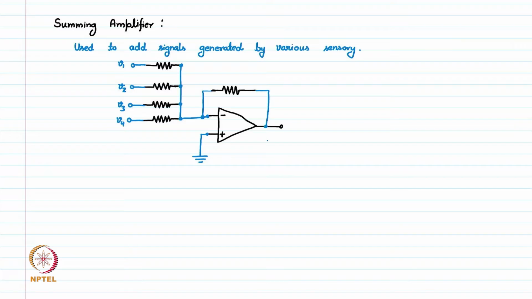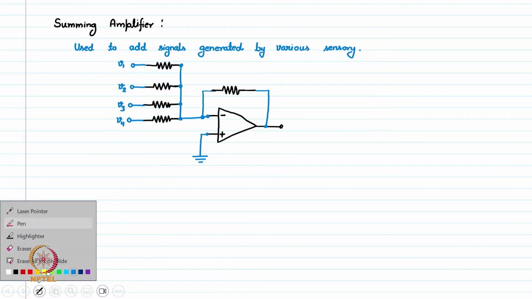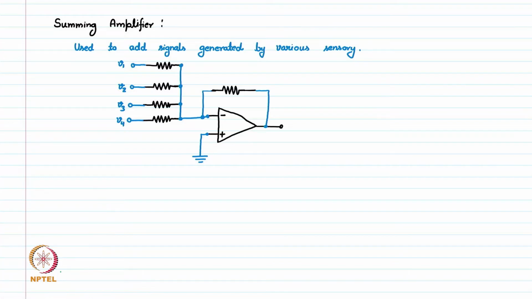So this is how the circuit diagram looks, and we can name these resistances. Let's say this is R1, this is R2, R3, R4, R5, and this is our output pin.